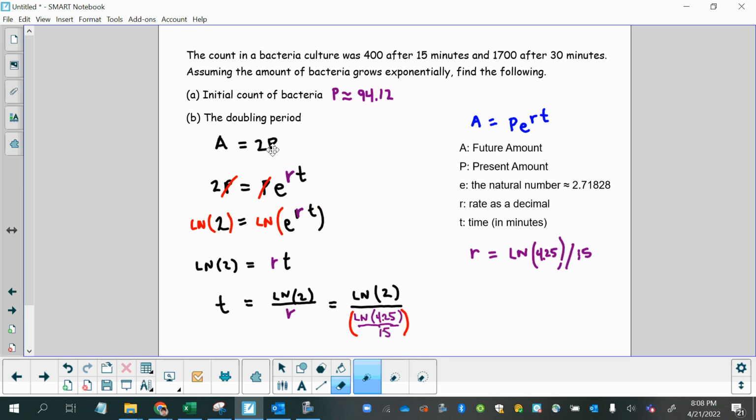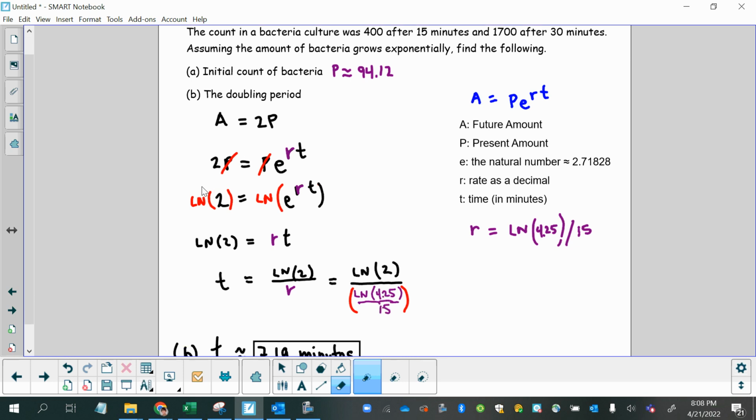Now, knowing that, I can simply take this equation here, A equals P times e to the RT, and replace the A, the future amount, with 2 times P, as I've done here. And then notice I canceled out the P's, because if you divide P on both sides, they'll cancel out. So then that simplifies to 2 equals e to the RT.